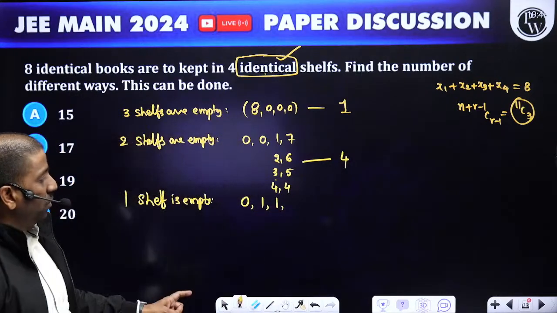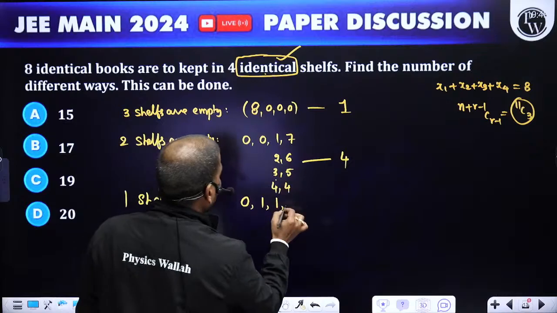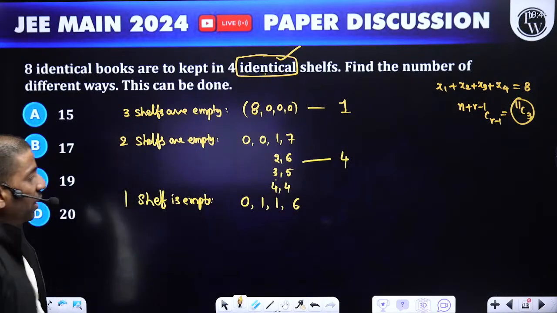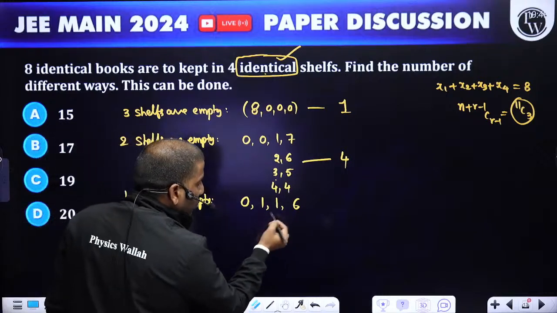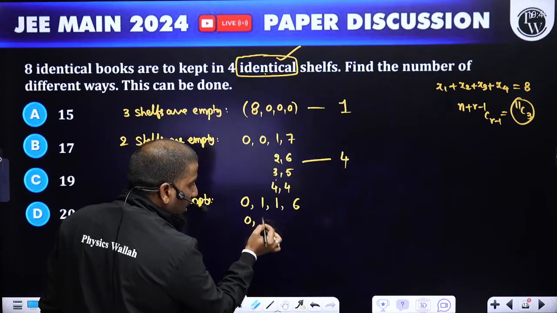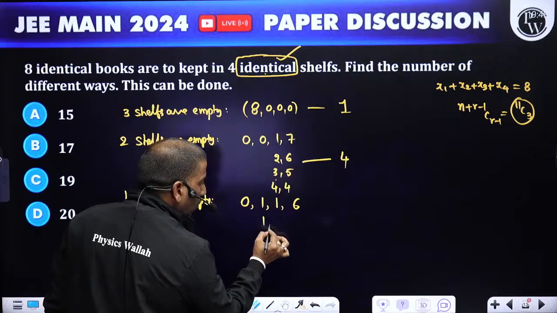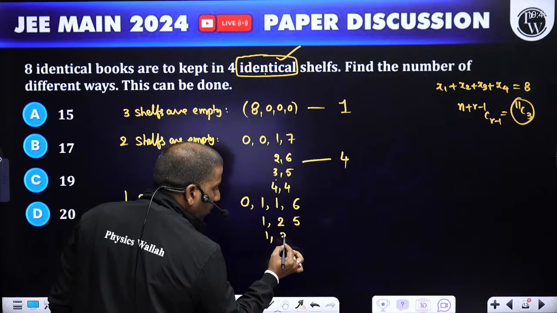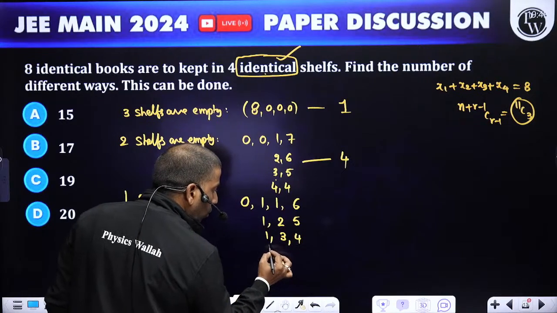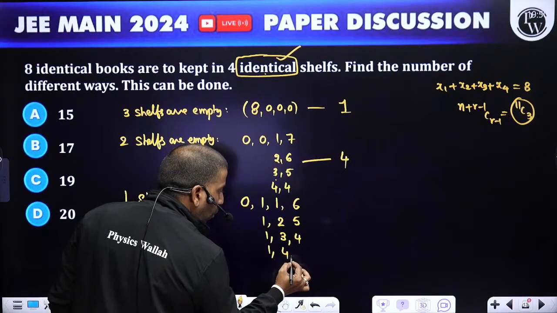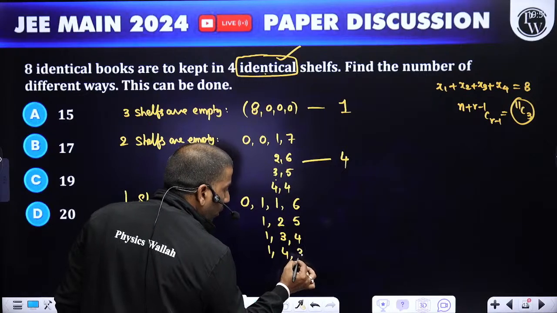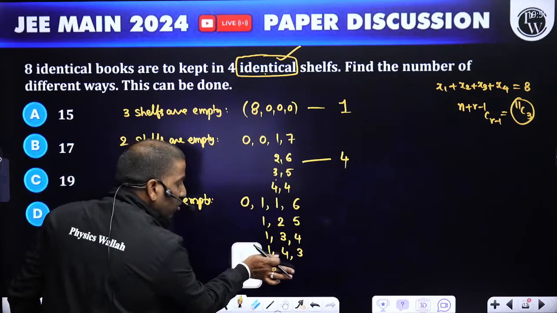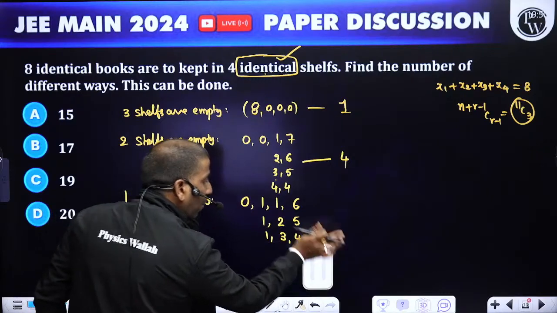Let us start with 1, 1, 6. Now keep the 0 and the 1 as it is and increase the other: 1, 2, 5; 1, 3, 4. We can't write 1, 4, 3 because 1, 3, 4 is already done. That's how we can easily apply it.